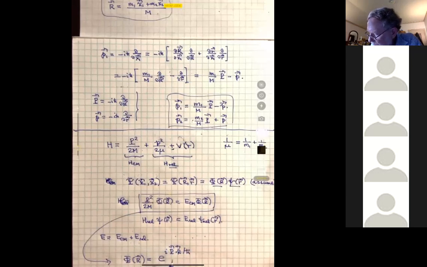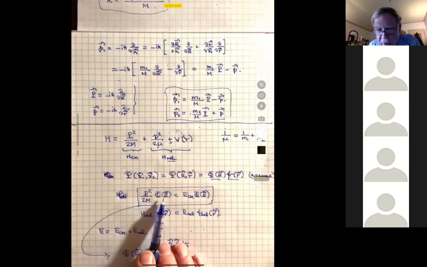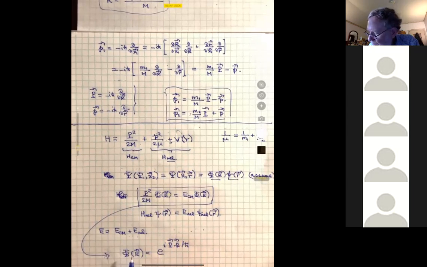This is an eigenstate of the total momentum of the system, and it's also a free particle solution. We don't have to use these free particle solutions. We could separate this center of mass wave function in spherical coordinates, and then we'd have spherical Bessel functions for the capital phi. You can do that if you want to. But in any case, the free particle solutions are kind of trivial for the main points we want to make here.